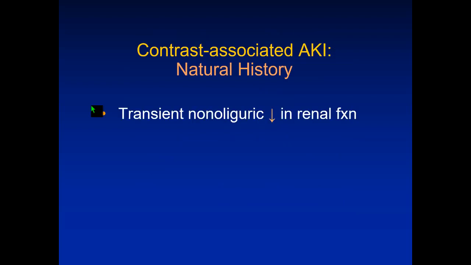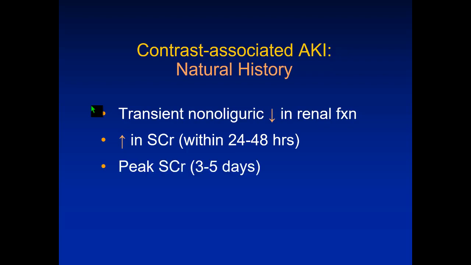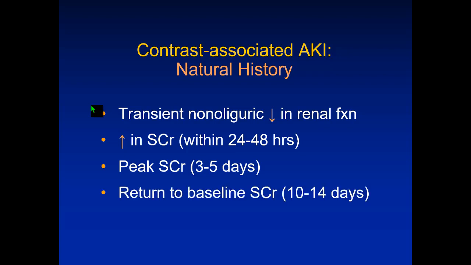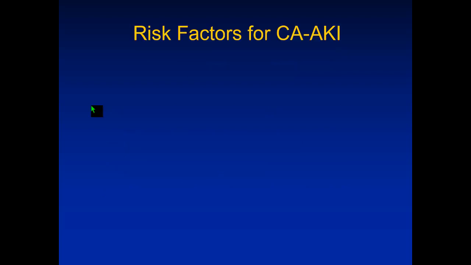Now, the natural history of CIN is a transient, non-oliguric decrease in renal function with an increase in serum creatinine that can be identified within 24 to 48 hours. It usually peaks in 3 to 5 days, and then in most cases returns to baseline within 2 weeks. But in a minority of patients, it does not return to baseline, and in fact, some patients need to go on to dialysis.